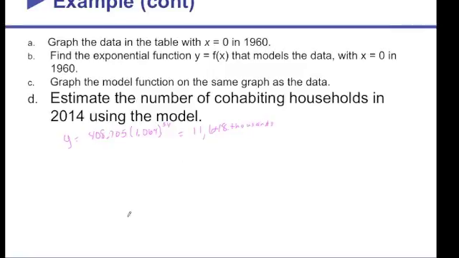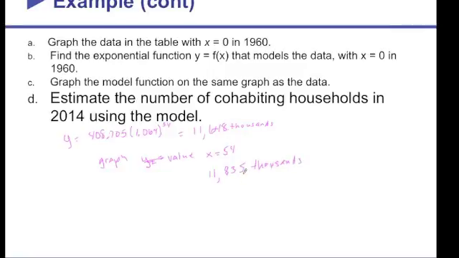If you use the graph on the calculator, use the graph, and y2, find the value when x equals 54, you will get 11,835 thousandths of cohabitating households.